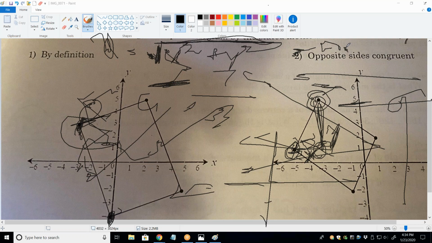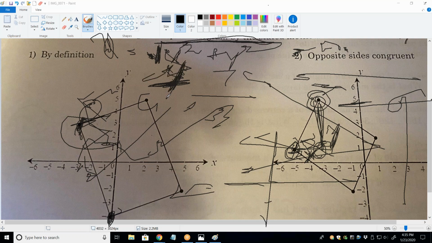Isn't it 1? No, 2 times 2. 2 squared means 2 times 2. 3 squared means 3 times 3. 4 squared means 4 times 4. So what is 2 squared? 2 times 2. Yeah, it's 4. Okay. There's your 4 right there.